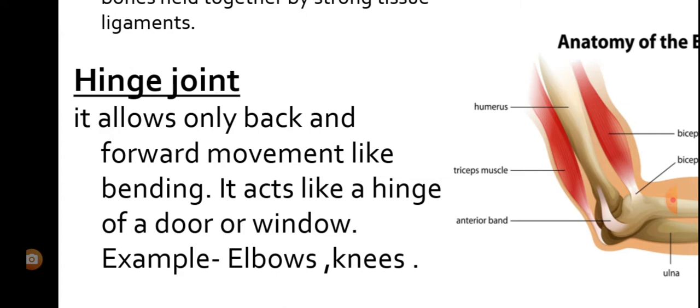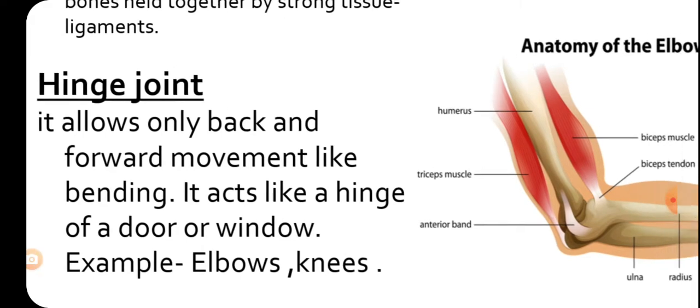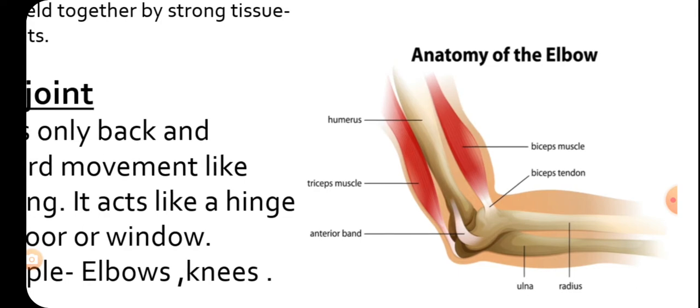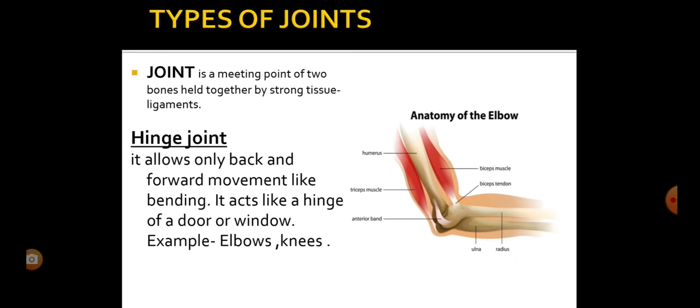We can see the hinge joint in our elbows and in our knees. It allows only backward and forward movement. As you can see, this is the structure of the elbow, a hinge joint. Two bones are attached together and it helps the backward and forward movement of our hand.